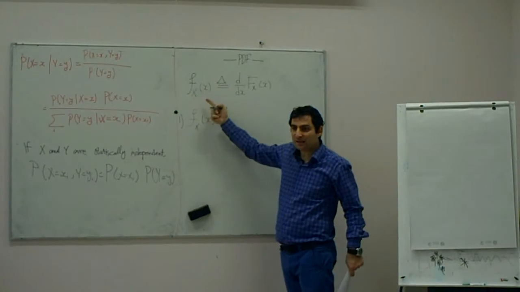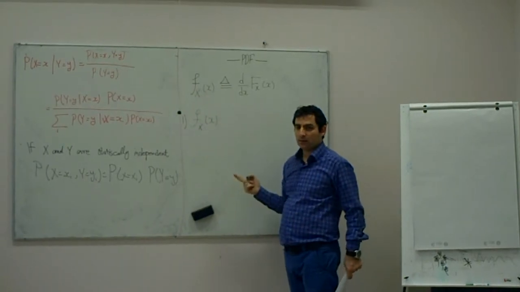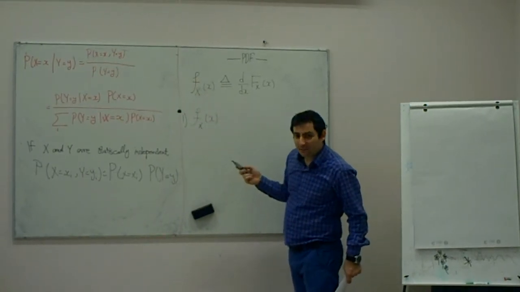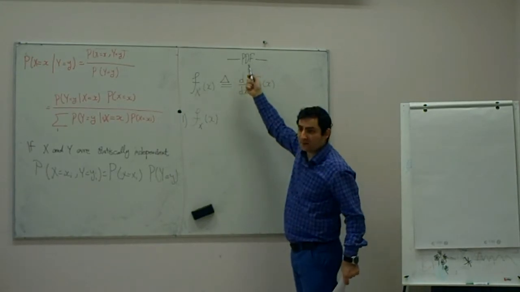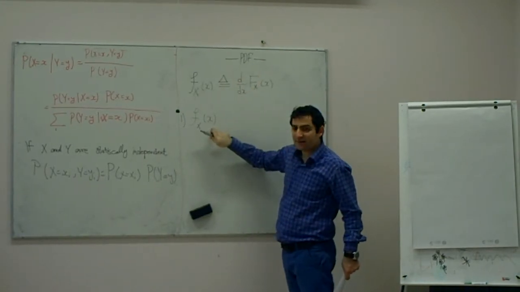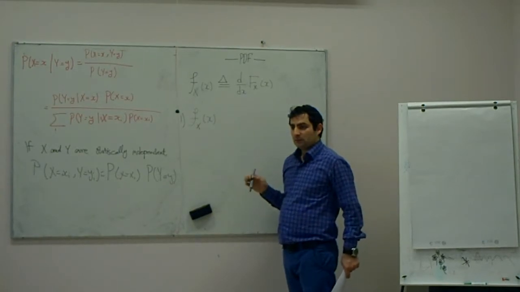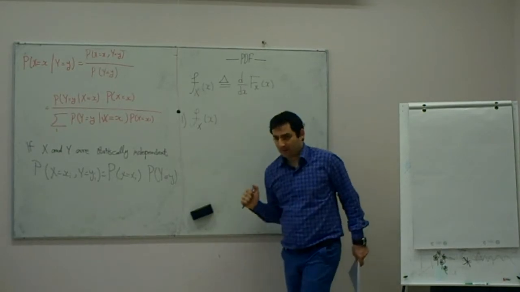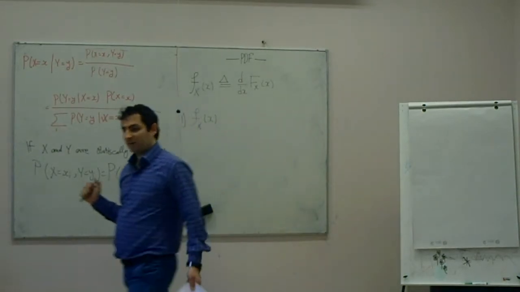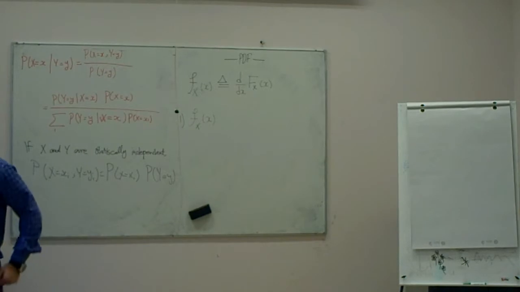It's a PDF, a probability distribution function. So what can we say about the values of it? If it's a probability distribution function, what can we say about the values of it?